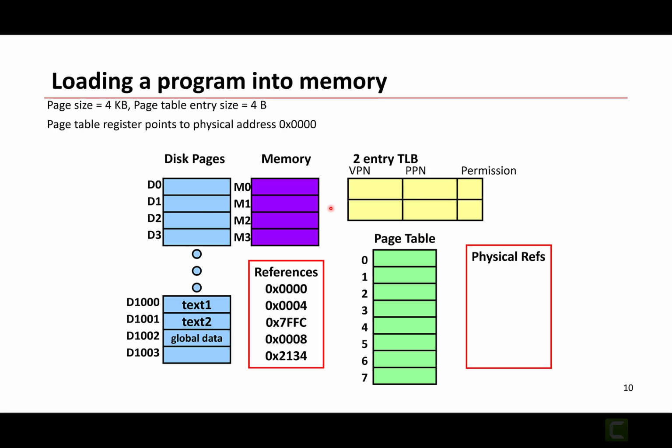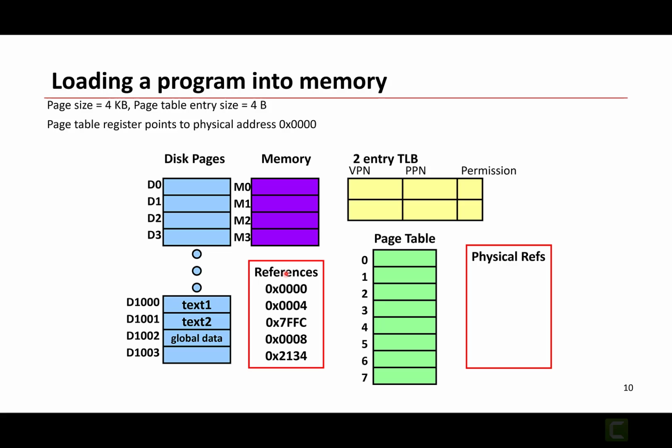So these are physical structures: TLB, main memory, disk pages. These are all physical structures that are located somewhere in your computer system. The ones that you see here are not physical structures. For example, the page table is a logical data structure that an operating system has allocated for this particular process. And the page table, being a data structure by itself, is going to be stored somewhere in the physical memory.